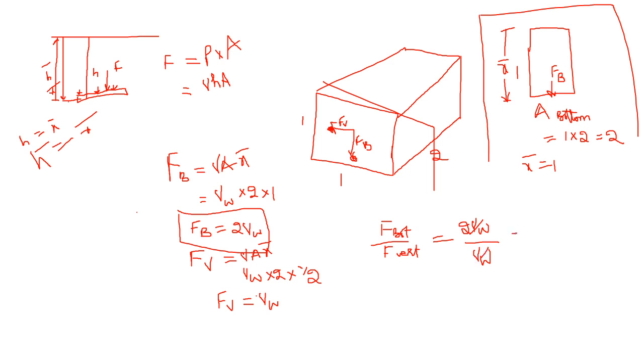You will get 2, right? The ratio between the bottom and vertical forces is 2. You should keep it in your mind. If they ask this question in the ESET or anything, you should choose the answer like this. Clear? Understood? They will ask the questions ratio-wise.